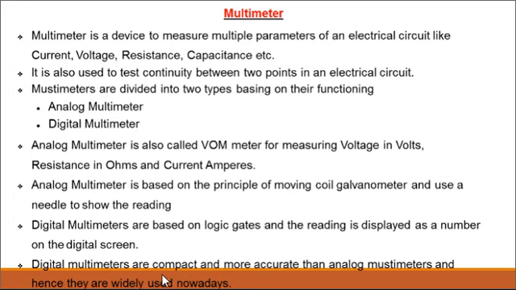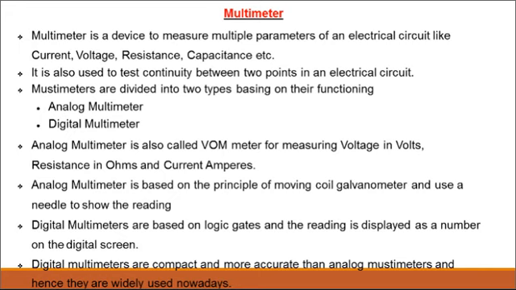Digital multimeters are compact and more accurate than analog multimeters, and hence they are widely used nowadays. Most TV repair centers and electrical repair centers use digital multimeters for measuring voltage, capacitance, resistance, and current.